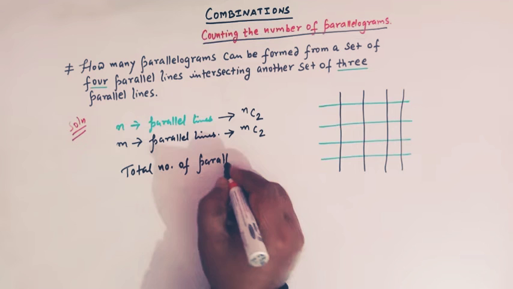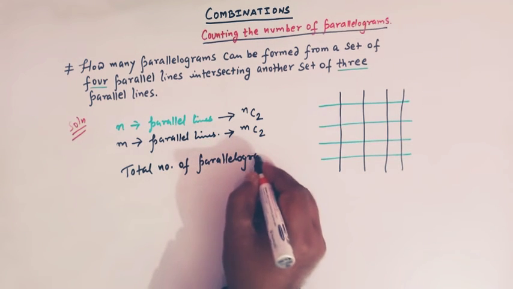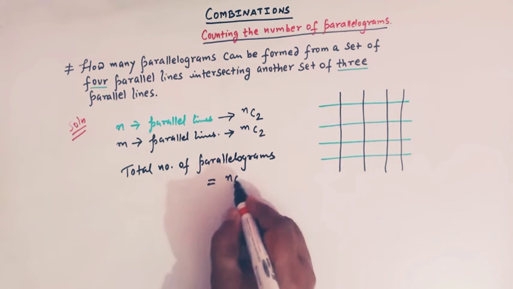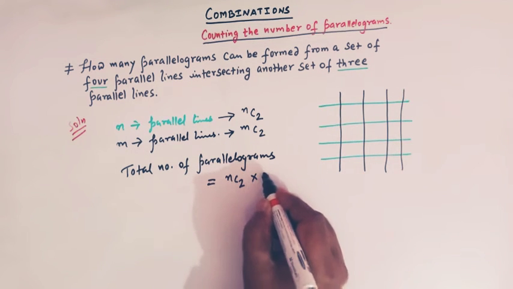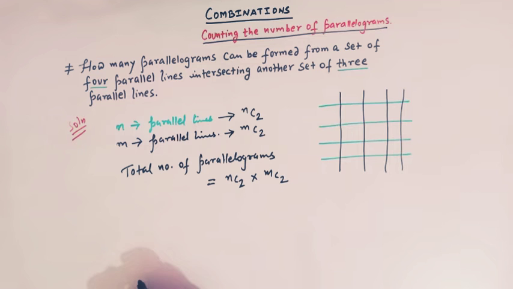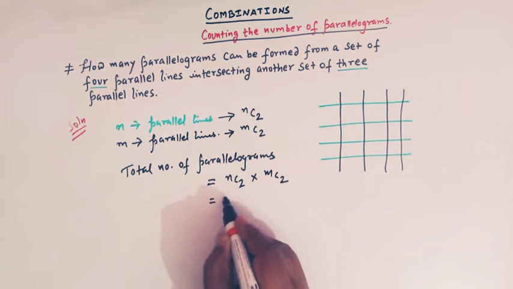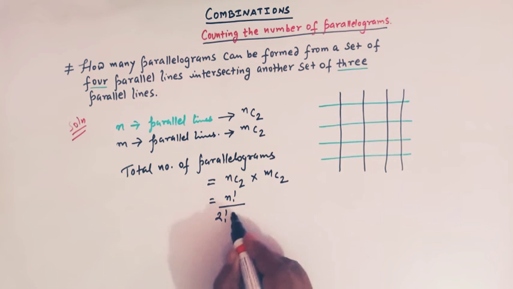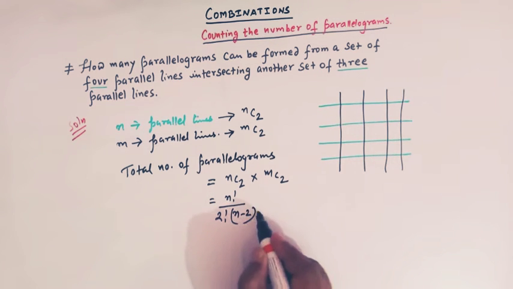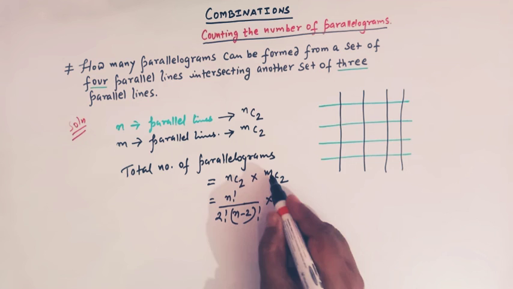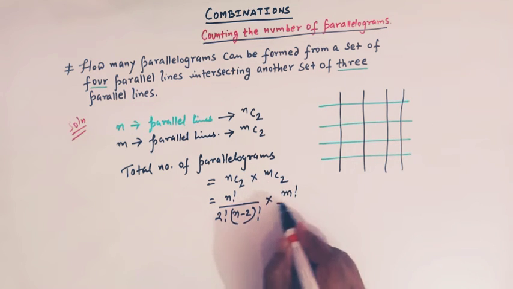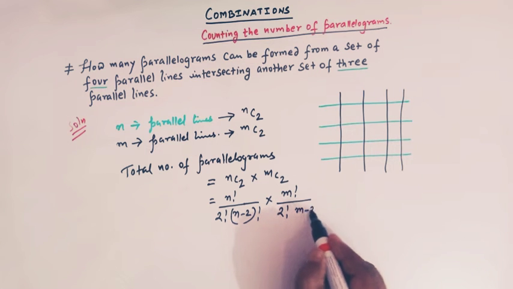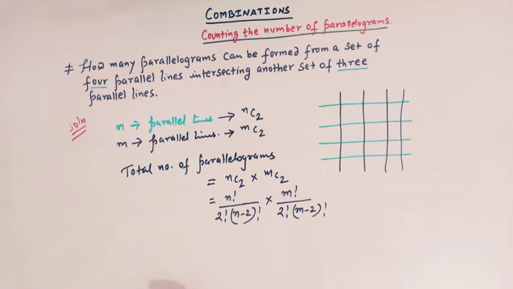of parallelograms is given by the product of these 2 quantities, that is nC2 times mC2, right? And nC2 is given by n factorial over 2 factorial times n minus 2 factorial, and here we have m factorial over 2 factorial times m minus 2 factorial, right?